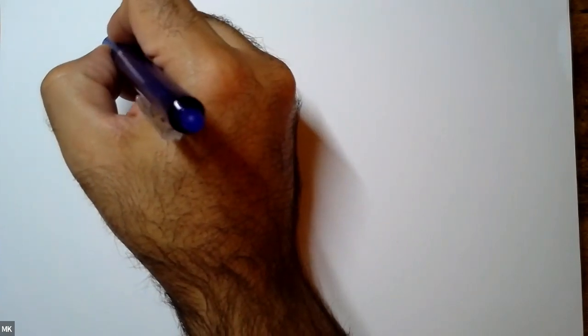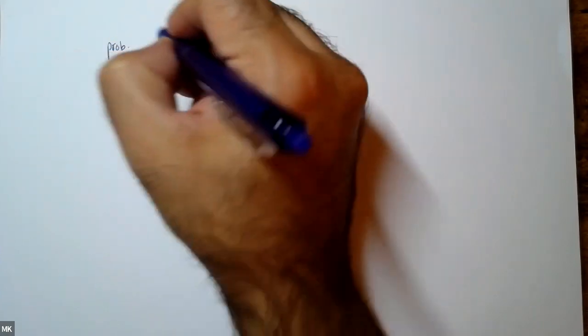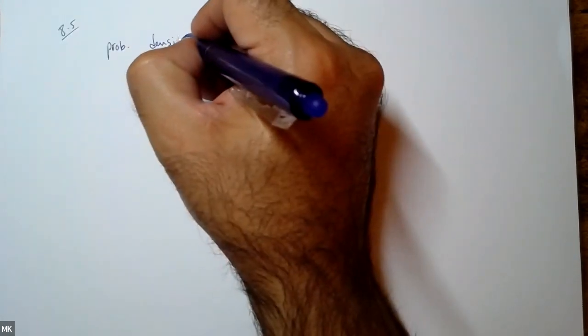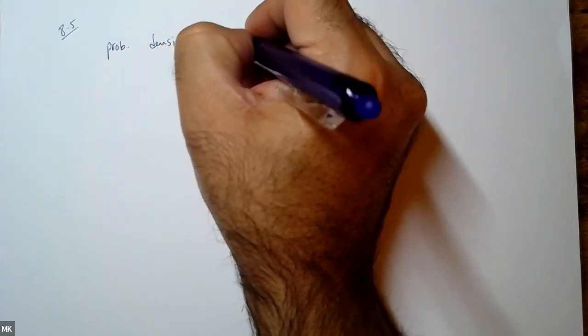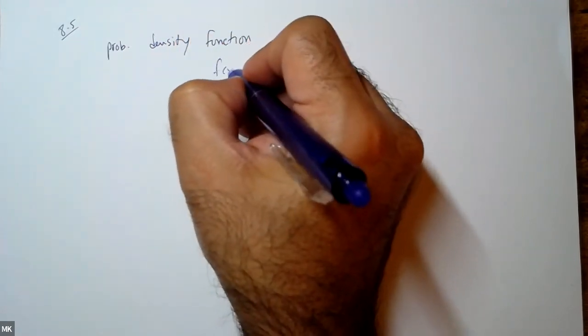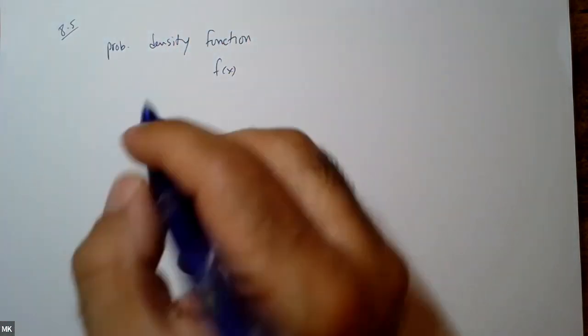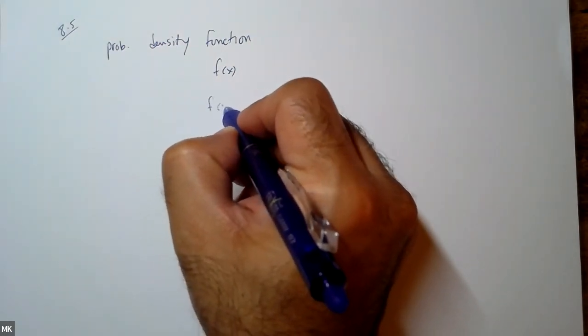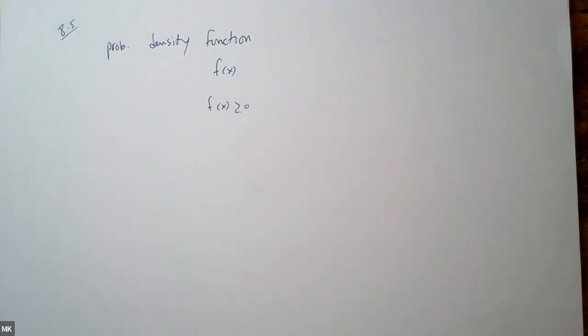The idea here is we start by defining what we call a probability density function. This is, by the way, section 8.5. Our density function f of x has two properties that we want. One of them is that it has to be always greater than or equal to 0. You don't expect a negative probability for anything. 0 is okay, you can have 0 probability of an event, but you don't expect it to be negative.